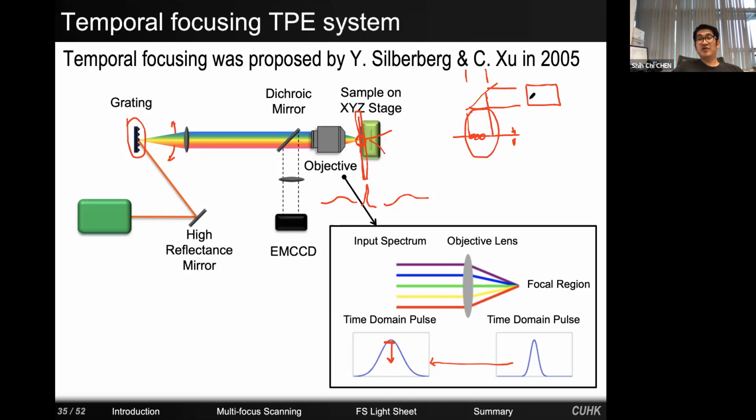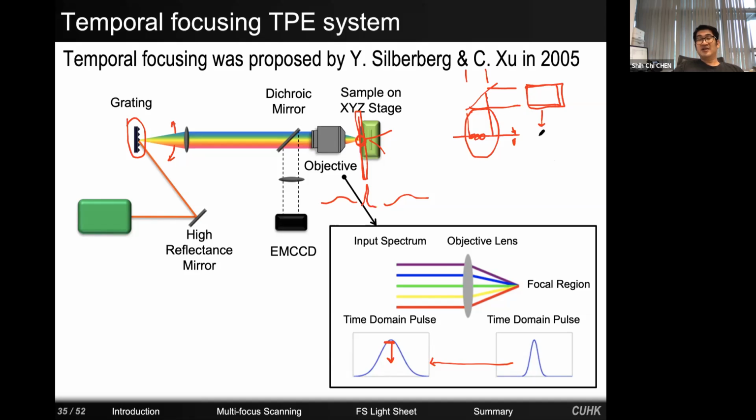So the real imaging speed is actually limited by the speed of the camera, okay? Because now you can excite very fast, but the camera speed is not really matching. So the camera speed sets limit on temporal focusing microscopy, which is from a couple hundred hertz to, I think, at most, a kilohertz.